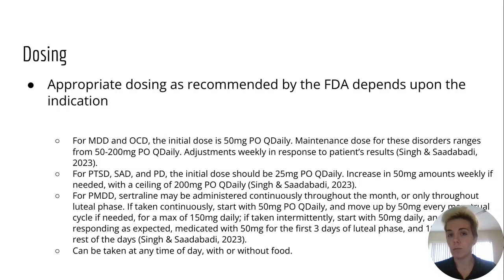If it is taken intermittently, start with 50 milligrams daily, and if the patient is not responding as expected, medicate with 50 milligrams for the first 3 days of the luteal phase and 100 milligrams for the rest of the days. Finally, it is important to educate the patient that sertraline can be taken with or without food and at any time of day. The source for dosing information is, again, the StatPearls article by Singh and Sadabadi in 2023.